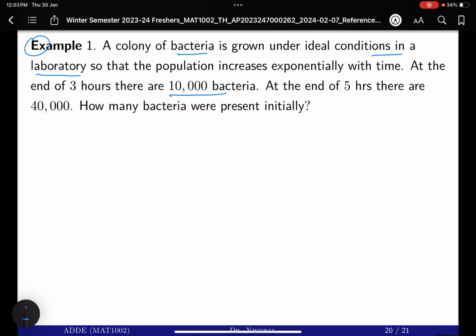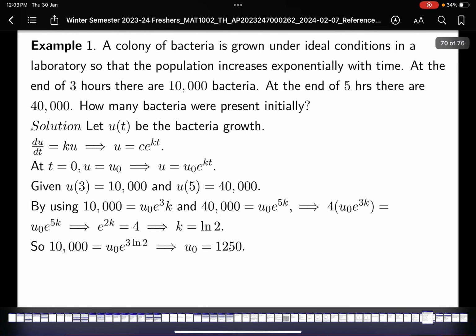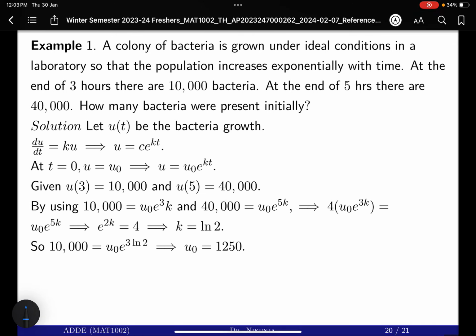At the end of 5 hours there are 40,000 bacteria. That means the population is increasing. How many bacteria were present initially? Now see, it is not the case of decay, rather it is a population model, increasing. So basically du/dt is equal to k into u. This thing you need to apply.